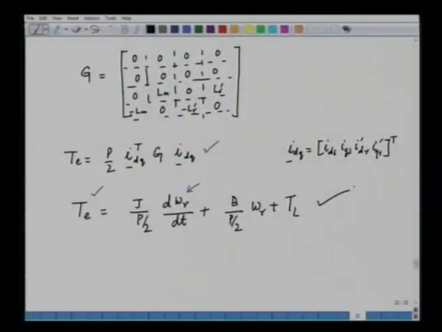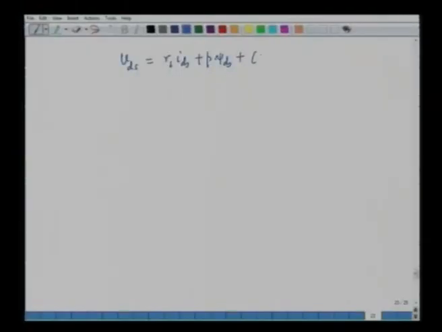So, in this lecture we have seen how to simulate an induction machine in DQ model. We have also derived the expression for the torque, and in the next lecture we will see how an induction machine can be simulated in another reference frame, which is not stationary, which will be rotating in space at any arbitrary speed omega.